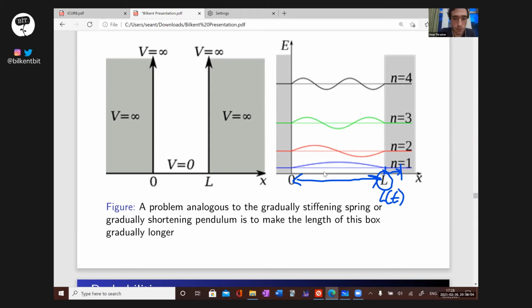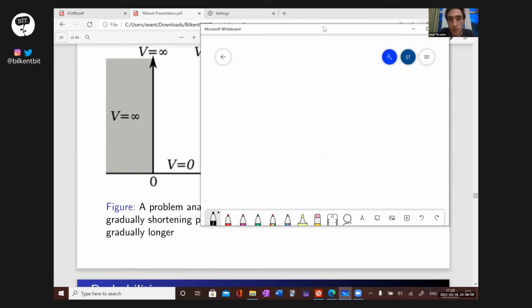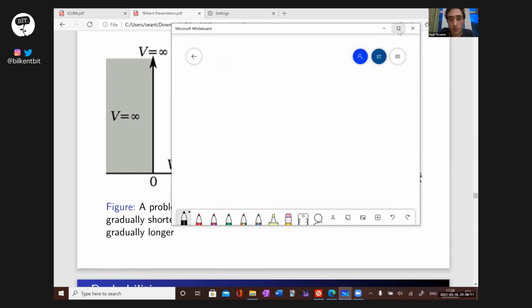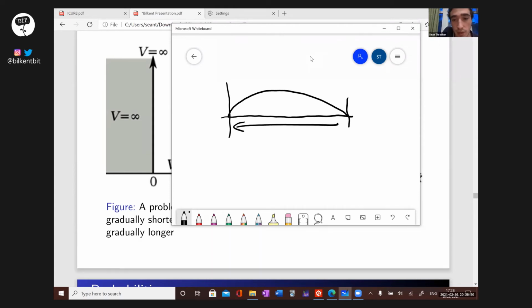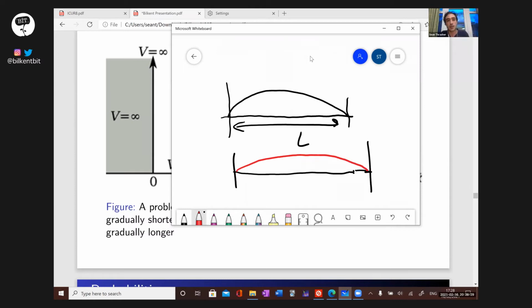So what's going to happen is, I'll jump over here. I hope you can see my whiteboard. So let's consider the ground energy state, and this is the length L of my box. If I do it very, very gradually, what we find is that the basic shape remains the same, like that. Imagine I'm very slowly and gently pulling it forward, tugging it forward.